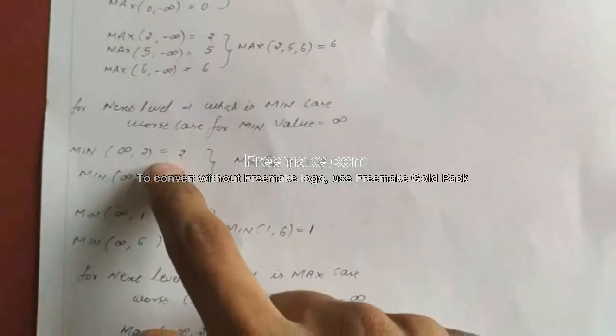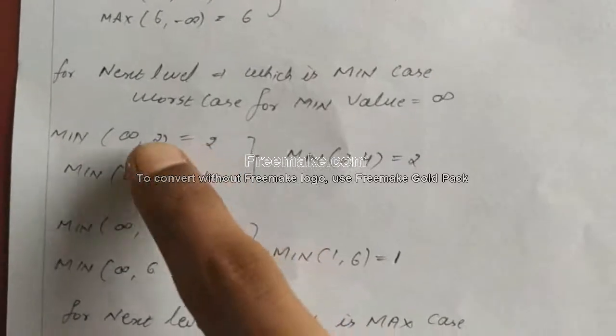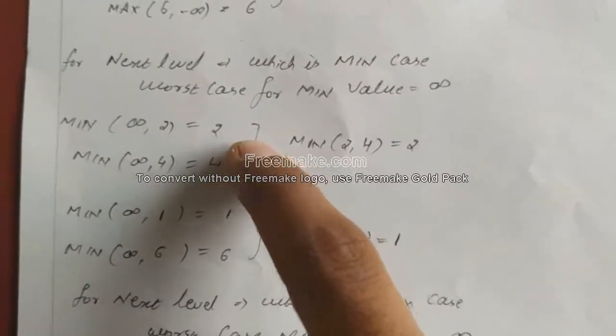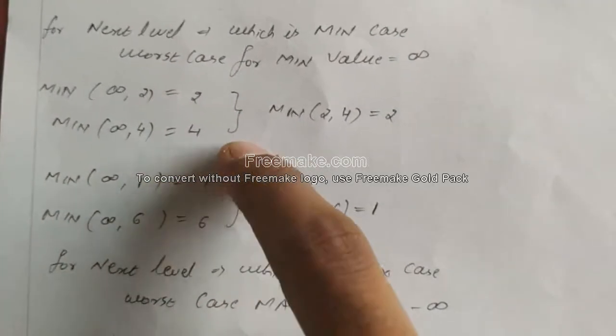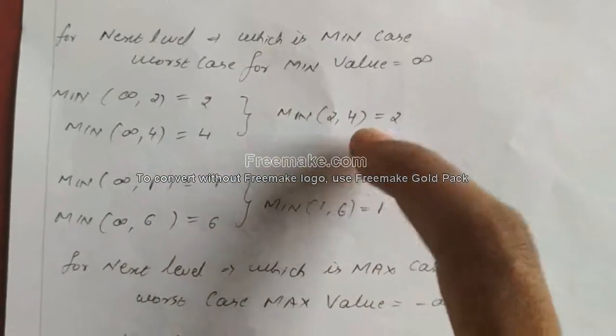Each value has to be compared with infinity. So minimum of infinity comma 2 gives you 2, which is obviously the minimum value, and minimum of infinity comma 4 gives you 4. Ultimately, after grouping these together, the minimum of 2 comma 4 is equal to 2.